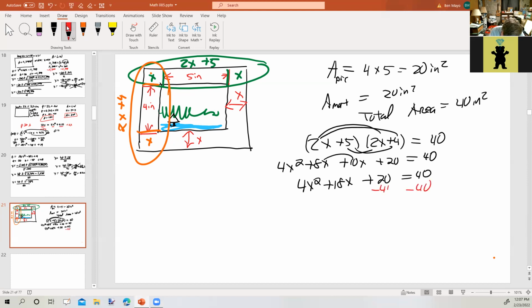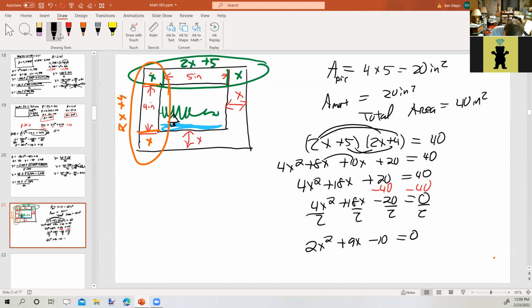Subtract 40 from both sides: 4x squared plus 18x minus 20 equals 0. All the coefficients are even, so let's divide by 2. 2x squared plus 9x minus 10 equals 0.